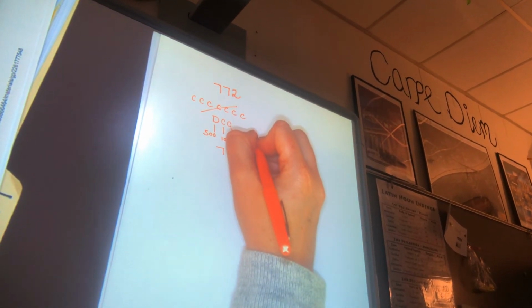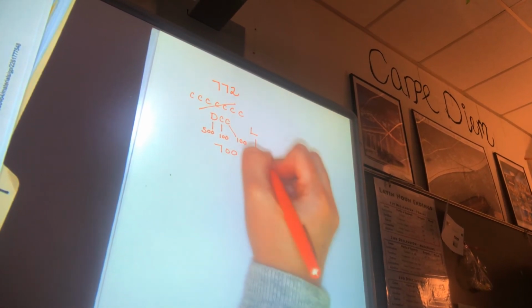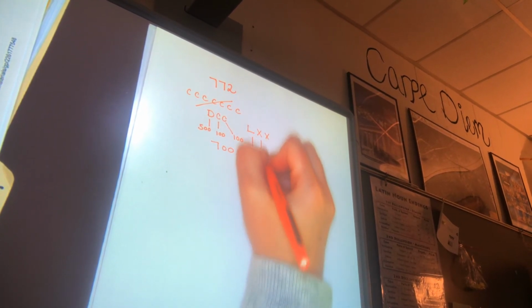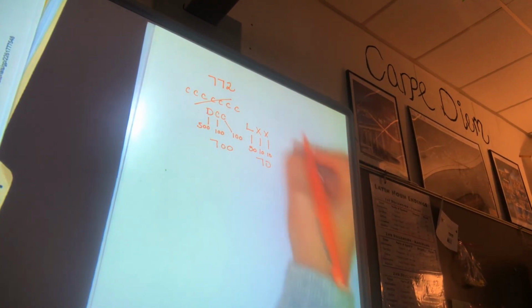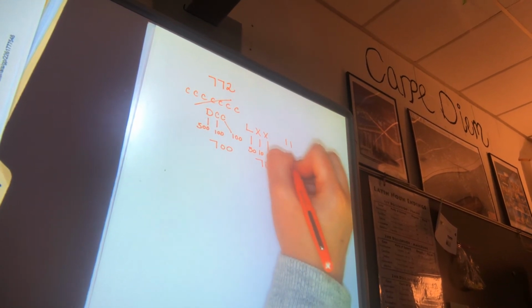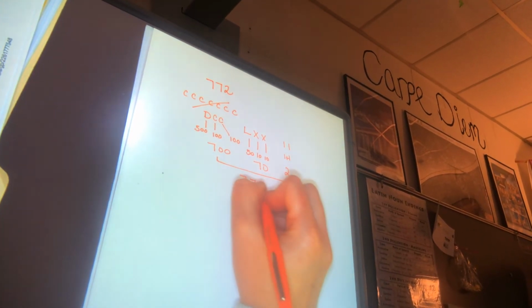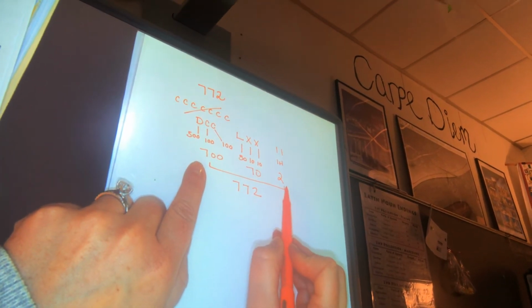So yep, Elizabeth, you said use the 50, which is an L. And then 50, we still need to get to 70, so let's do, yep, X, which is a 10 plus another 10, so now we have our 70, and then what's just 2? I, right? Which is 1 plus 1, and that's our 2 for 772. So form each place value individually.